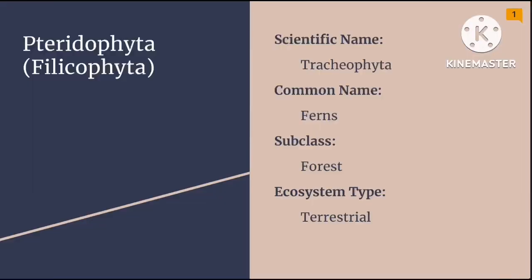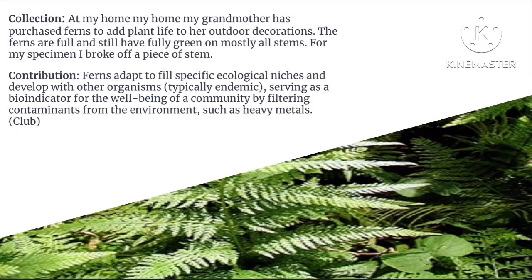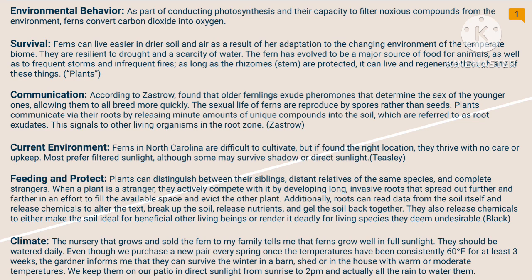This was also very easy to acquire. Ferns are able to adapt extremely well to different environments to serve as a bioindicator for the well-being of the environment. Like most other plants, ferns use photosynthesis to take in vital nutrients and convert carbon dioxide, what we exhale, to oxygen, which we inhale.